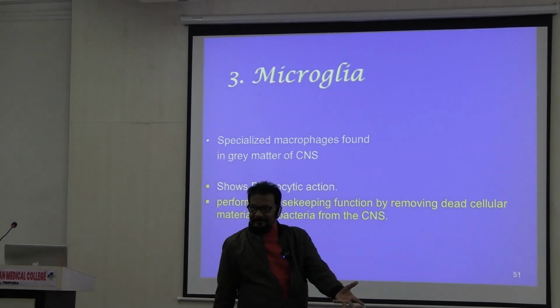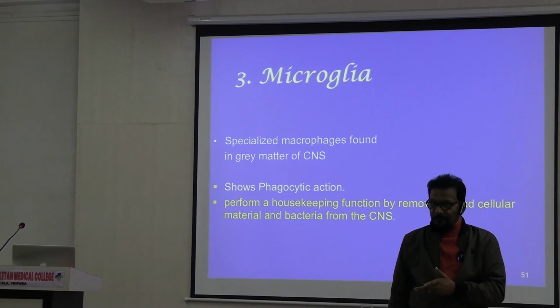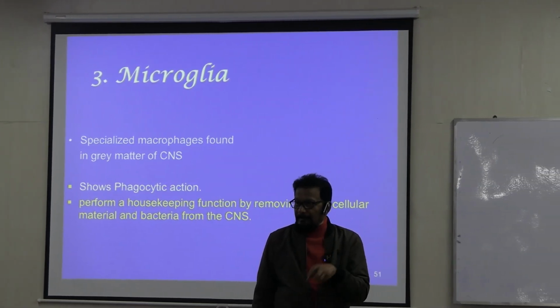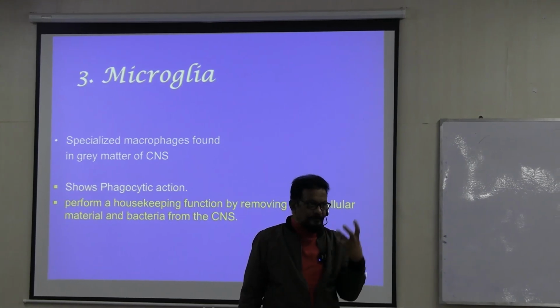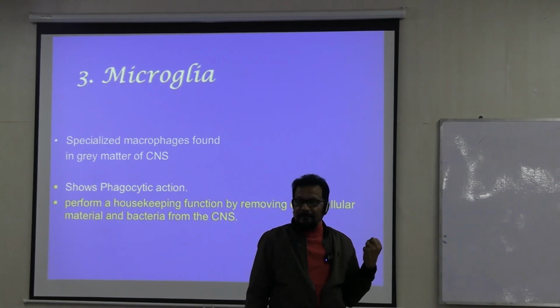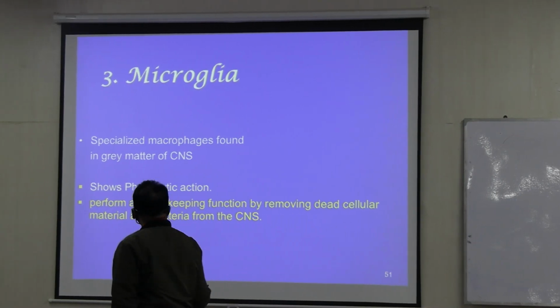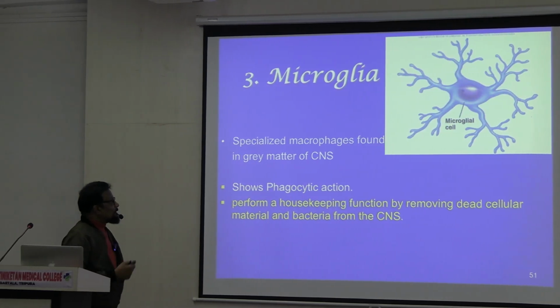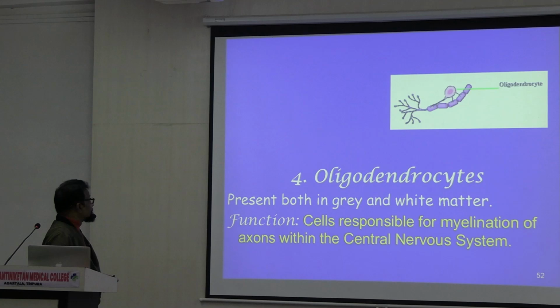As I said, if some cell is dead, it has to be removed. If a person in the family dies, do we keep the body there? No, we remove it. So these cells remove the dead cells. These are microglial cells.